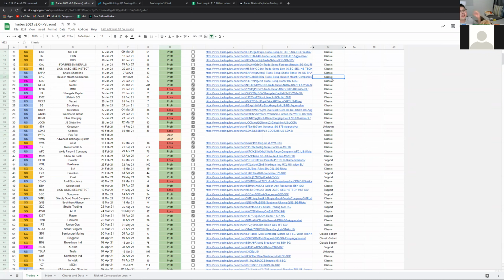Meaning the moment I take a similar trade setup, I know that this trade setup has a 70% chance. All I need to do is just follow my plan. I just follow the stop loss that I set there, I just follow the TP that I set there, and I don't care about anything else.